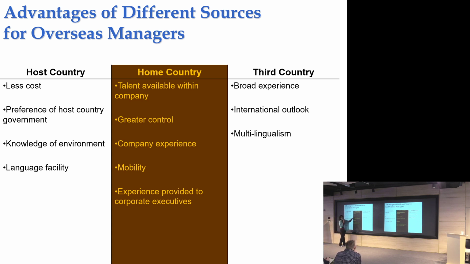There is greater control because their allegiance is with the Russian headquarters, not with the German. Over here, you can actually question where their allegiance lies, with Germany or with the Russian company. They also bring experience provided to corporate executives.